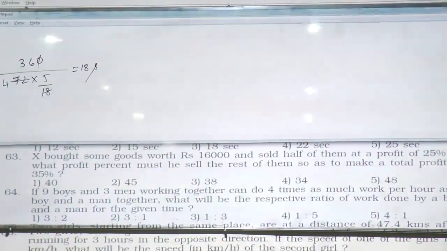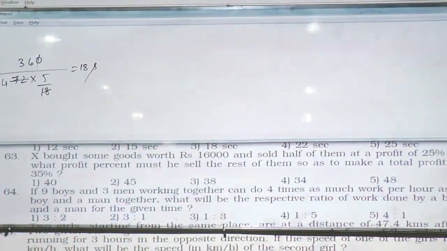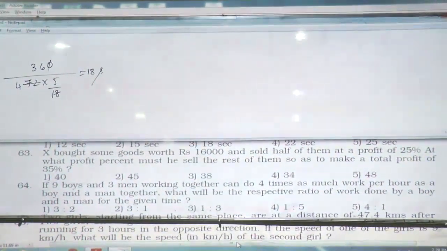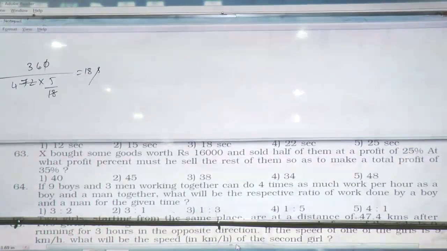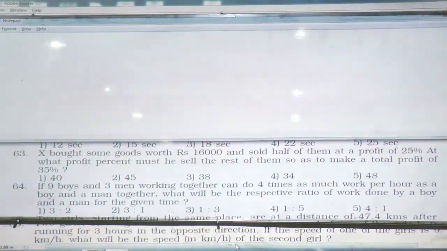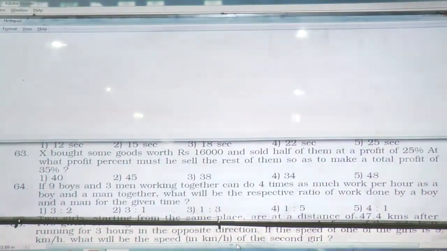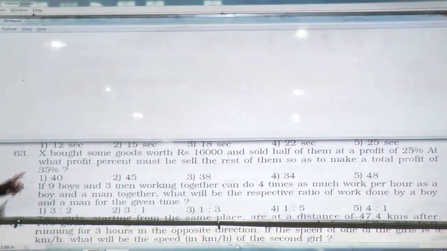X bought some goods worth 16,000 and sold half of them at a profit of 25%. Half of them sold at 25% profit. At what profit percent must he sell the rest of them so he has to make a total profit of 35%?